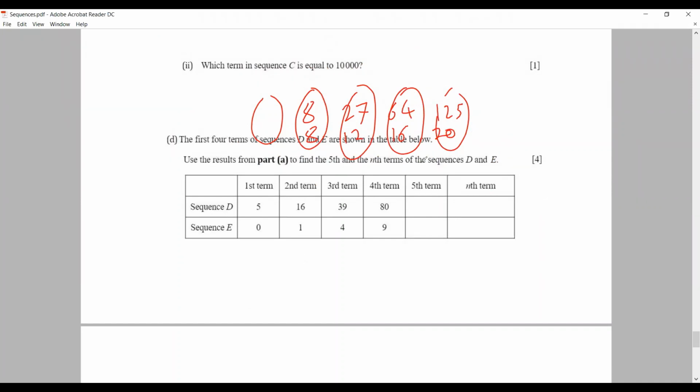Okay. So yeah, that is correct, because 1 and 4 gives us 5, 8 and 8 gives us 16, 27 and 12 gives us, so that is correct.